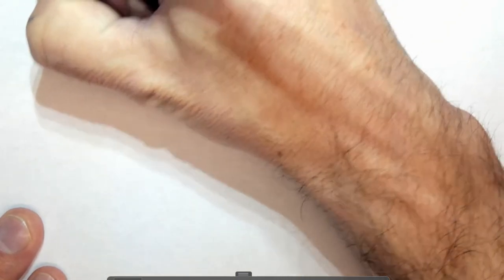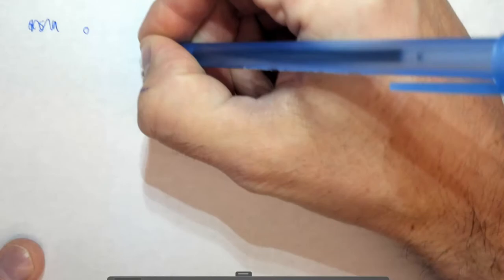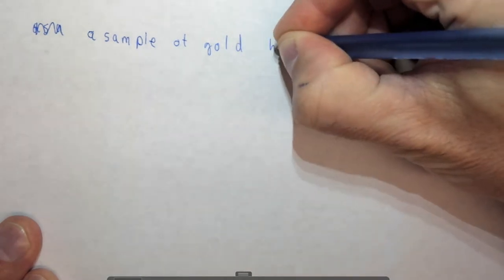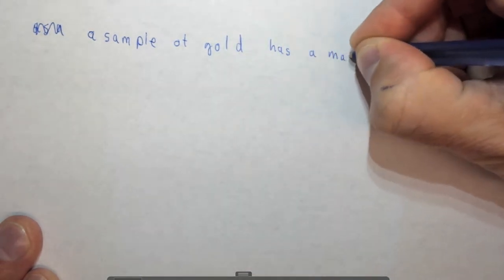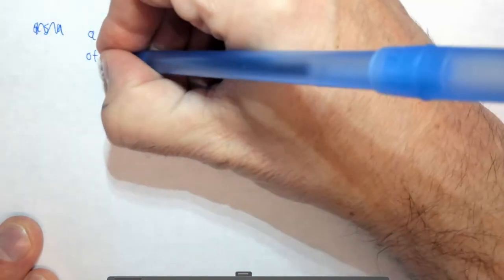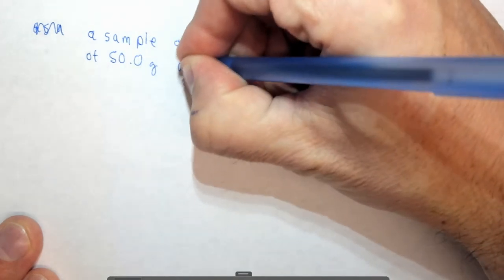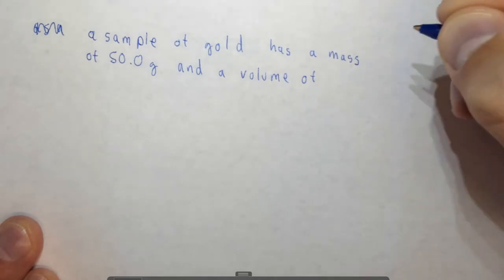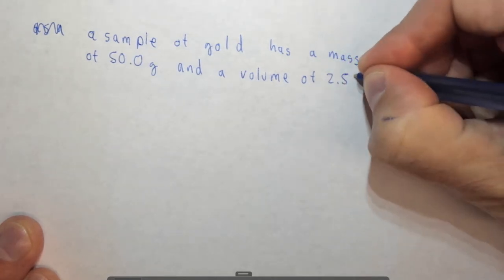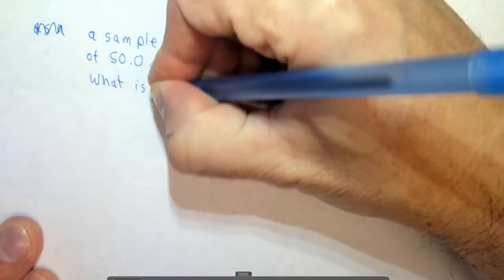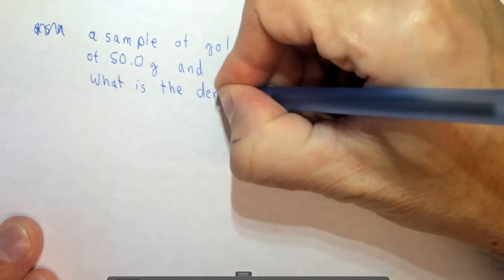A sample of gold has a mass of 50 grams and a volume of 2.59 milliliters. What is the density?